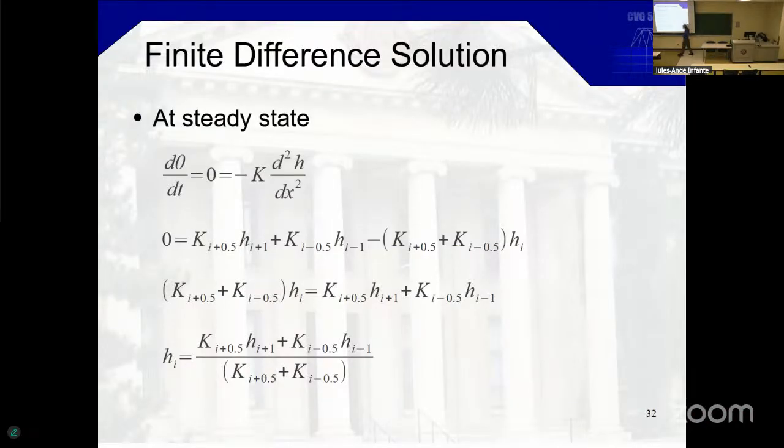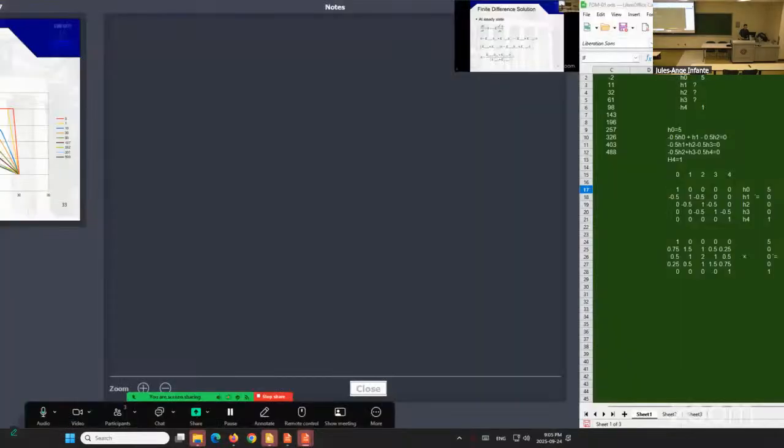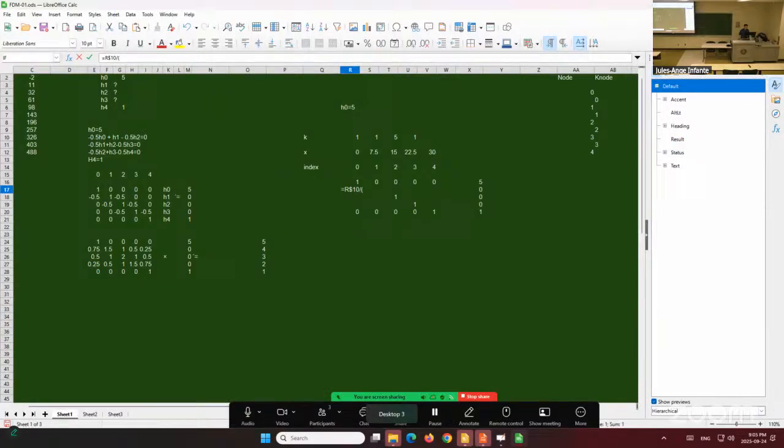So this is equal to 1 minus this over that, so it's Ki plus 5 divided by the sum, and the other one is minus Ki minus 5 divided by the sum. Okay. So we will have a minus. Yes, it should be negative, minus this divided by this K.